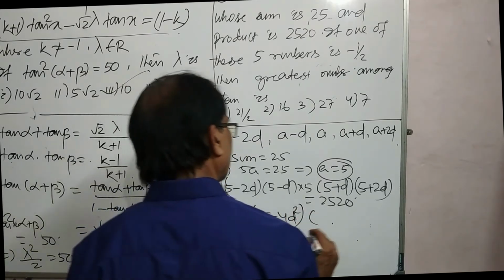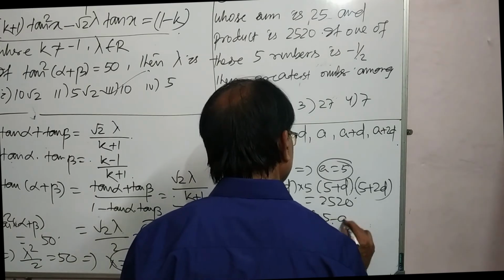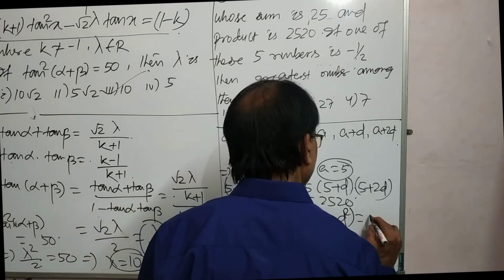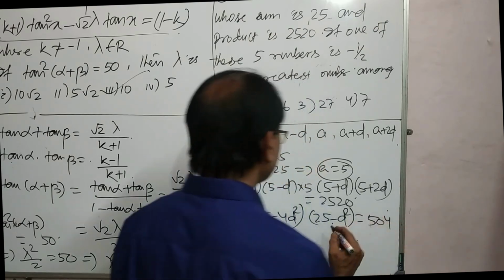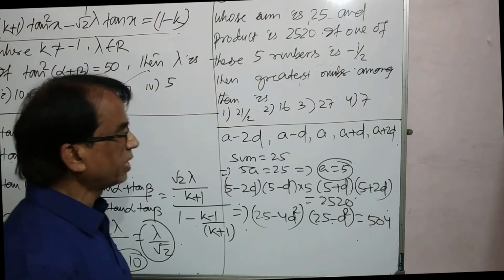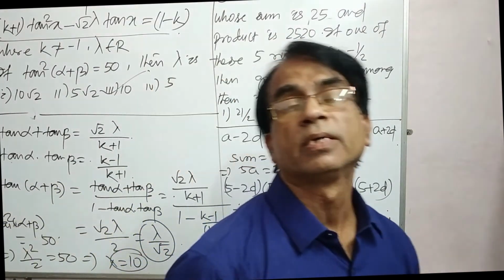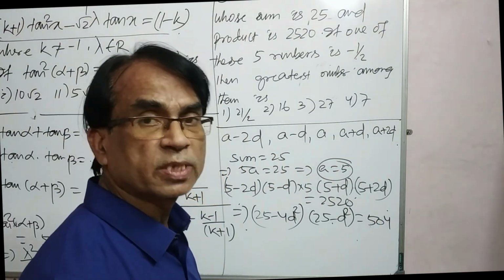Into 25 minus d square is equal to 504. There is an identity we have studied in lower classes: x plus a into x plus b is equal to x square plus x into a plus b plus ab.